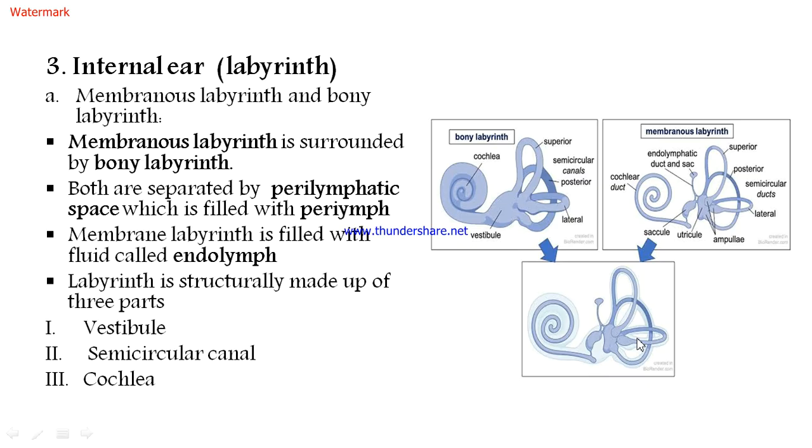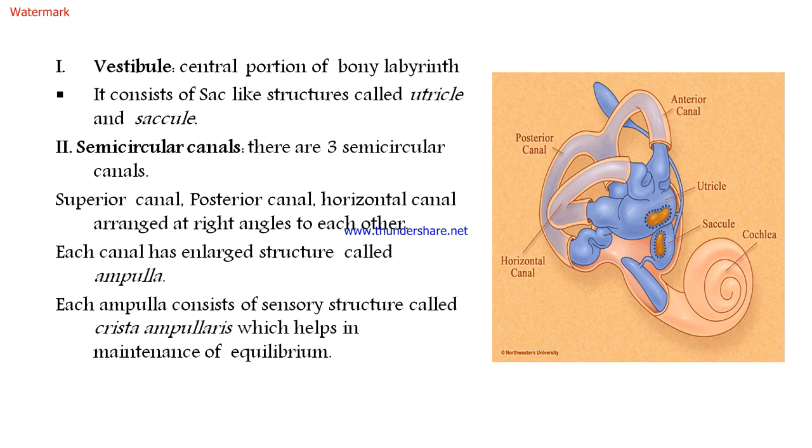The labyrinth is structurally made up of three parts. First one, vestibule. Second one, semicircular canal. Third one is the cochlea. You see the diagram.